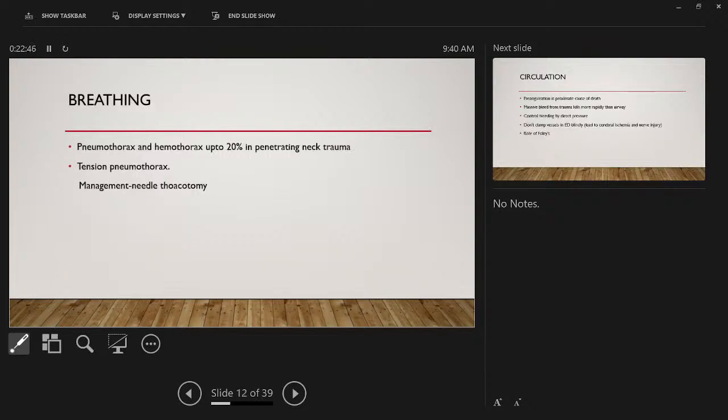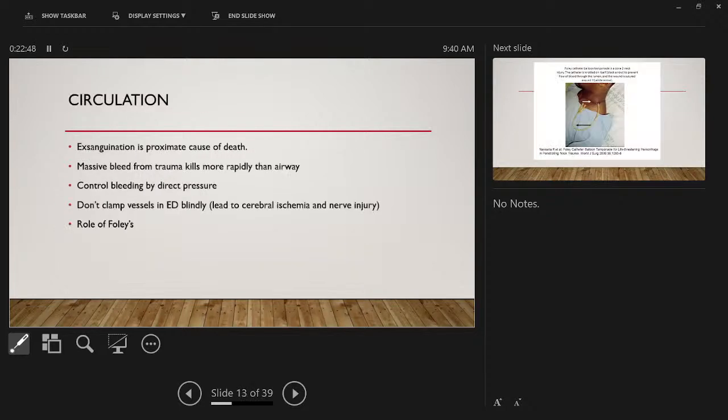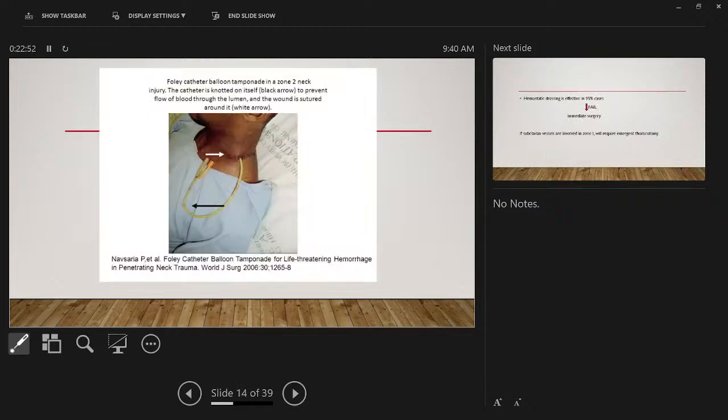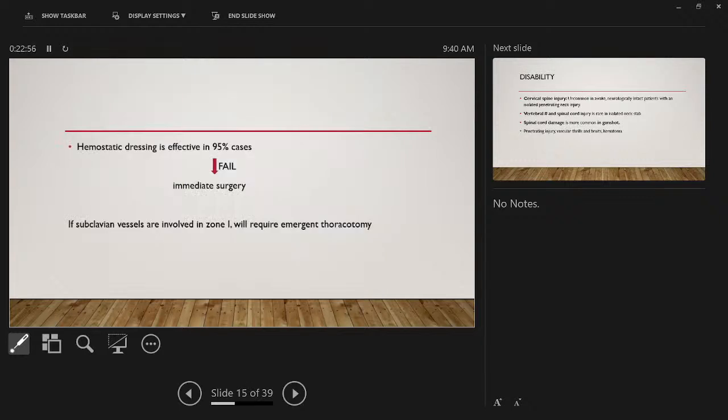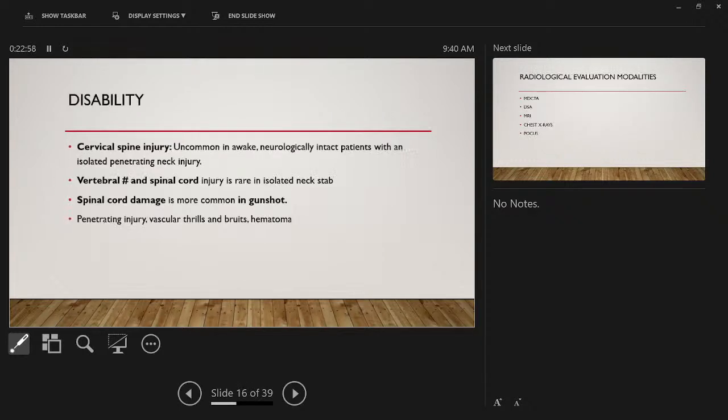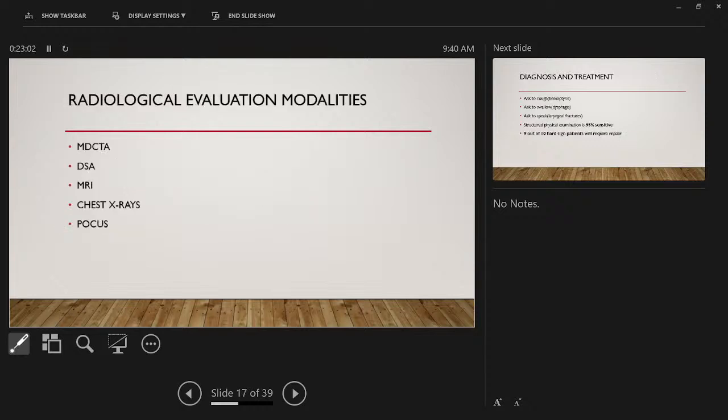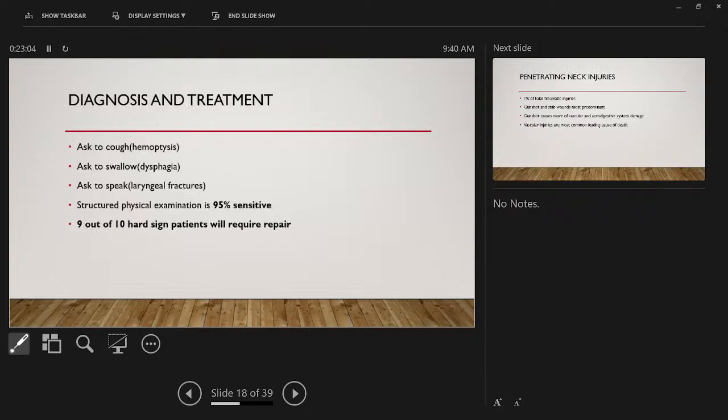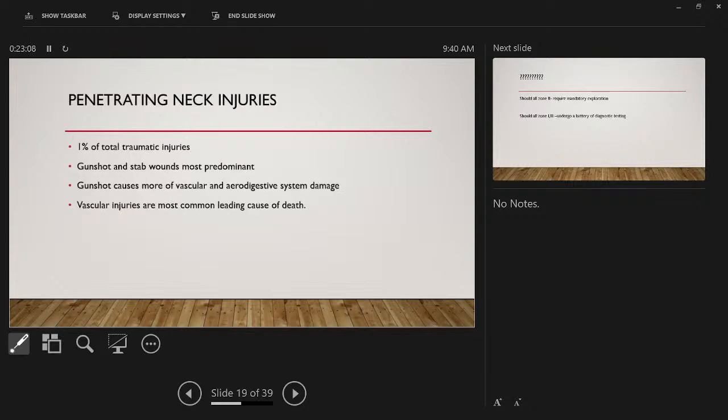And it consists of the base of it. Okay. What are the structures present in the anterior triangle and the posterior triangle?